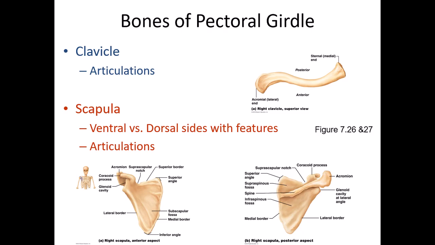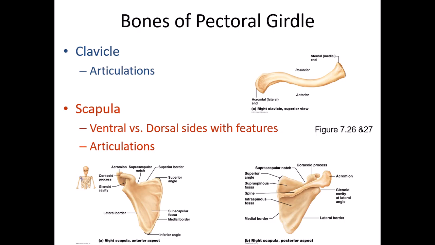And we learned early on that a fossa is kind of a big, smooth depression. So those are good names. And you'll see that the supraspinous fossa has the origin of supraspinatus muscle, infraspinous fossa origin of infraspinatus muscle. Origin meaning that is one of the attachments of a skeletal muscle.